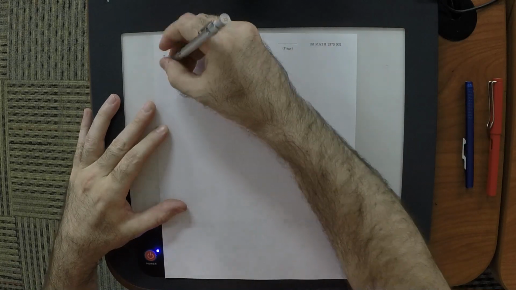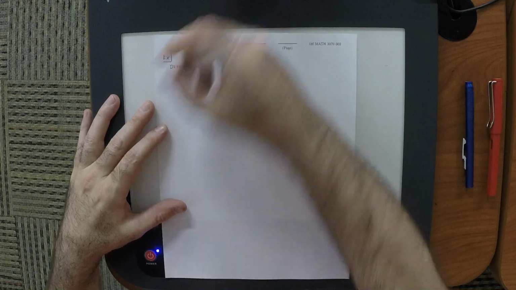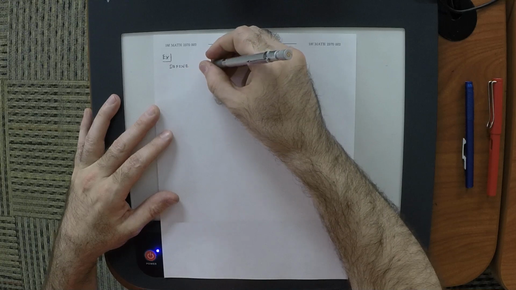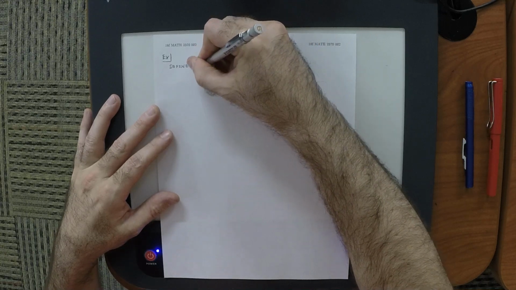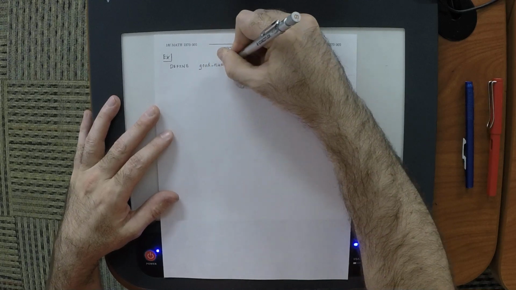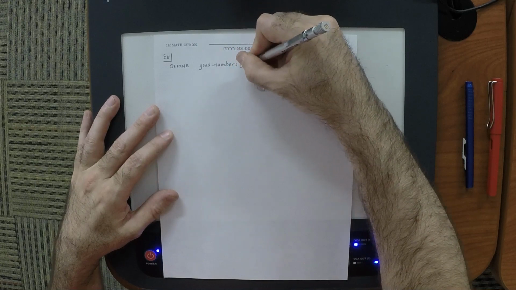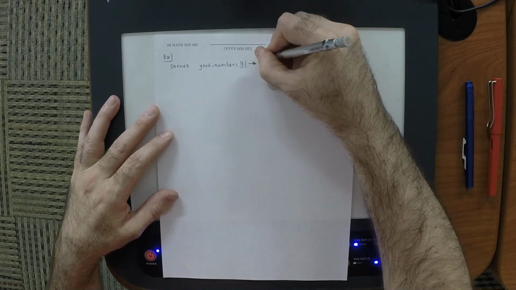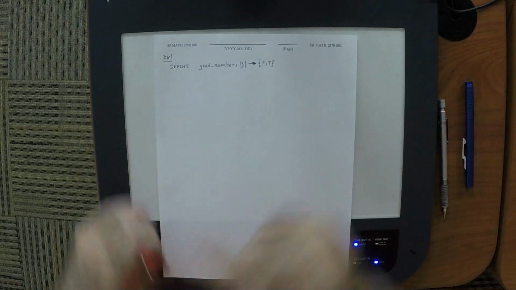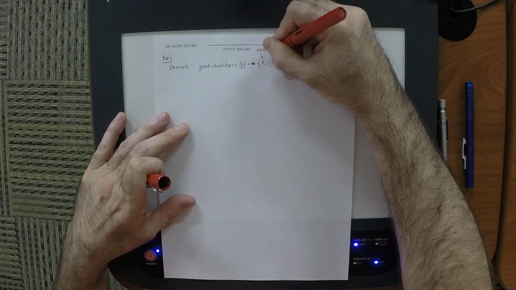What we're going to do is define a function. I'll make its name good underscore number, and it'll be a function from the naturals to the set false and true. The f means false, and the t means true.